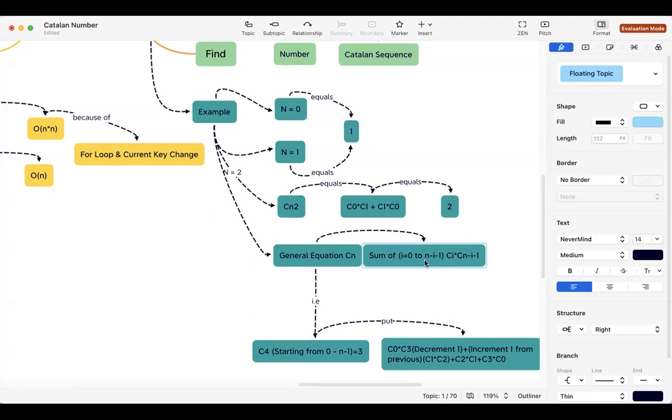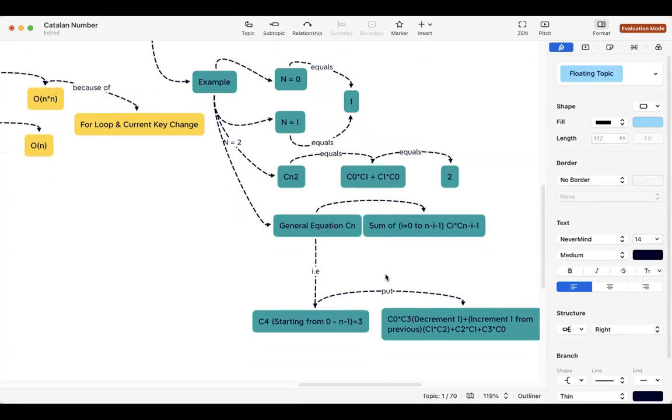For example, for n equals 2, the first term went only till C1, not to C2. Does that make sense? So you apply a loop from i equals 0 to i equals n minus 1, multiplying Ci, which is C0 first, into C of n minus i minus 1. Let's say we are finding for 4, so 4 minus 0 minus 1, which is 3. So our first term becomes C0 into C3.